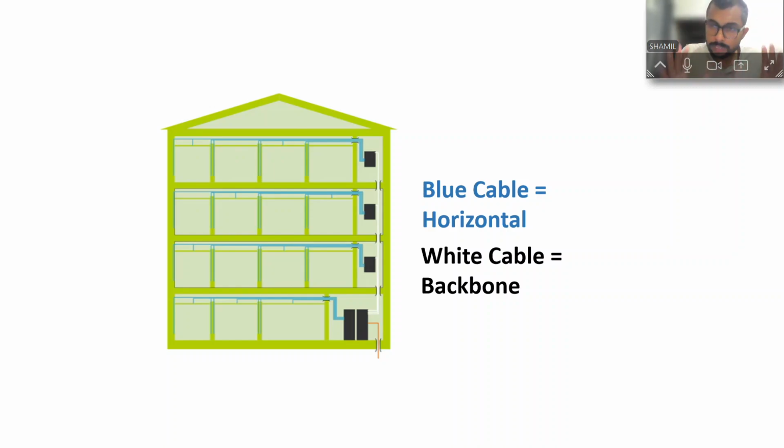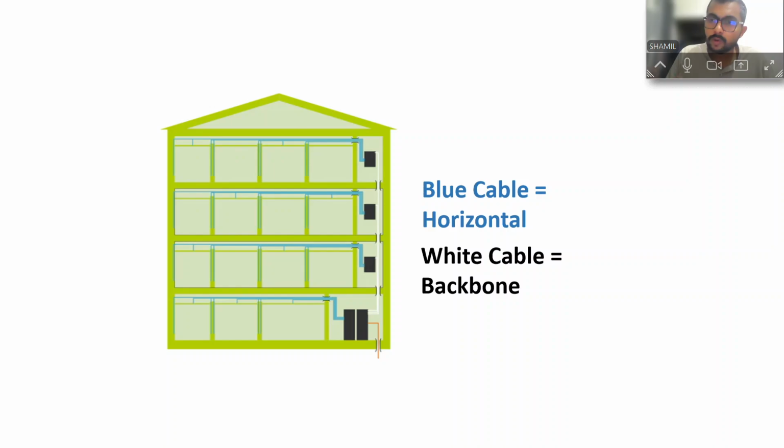In order for the telecom system inside a building to work, all these telecom racks need to be connected to each other and also to the equipment present on the individual floor. Now suppose you have an equipment on the third floor of the building, let's say a desktop.